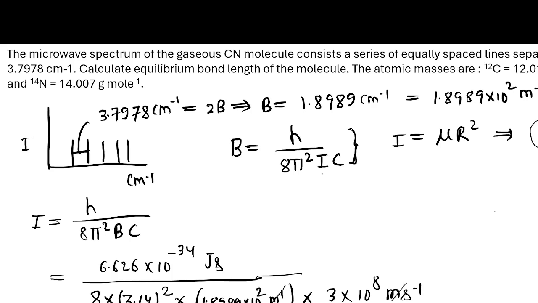This will be cancelled out, and this, so finally we'll get a big calculation. For joule I can write kg meter square per second square. So this second square and this second will go, so we'll have kg meter square. Okay, I will do the calculation.